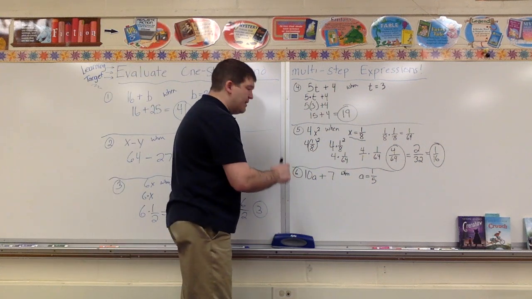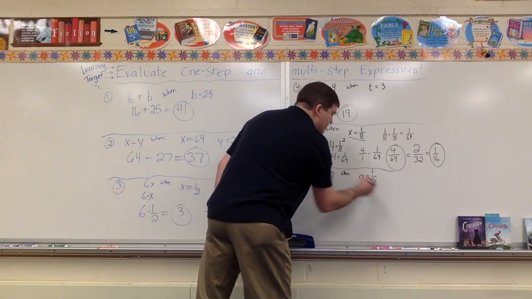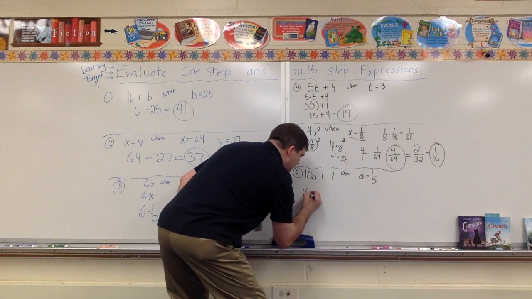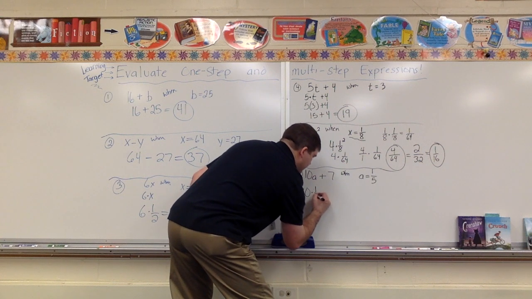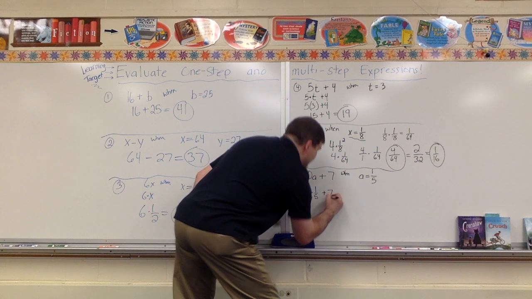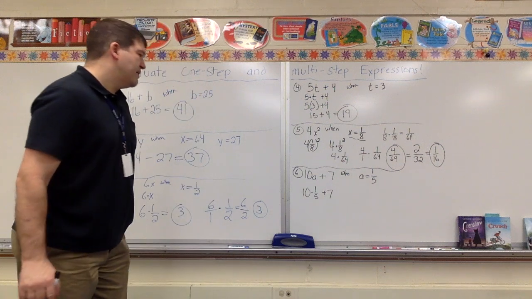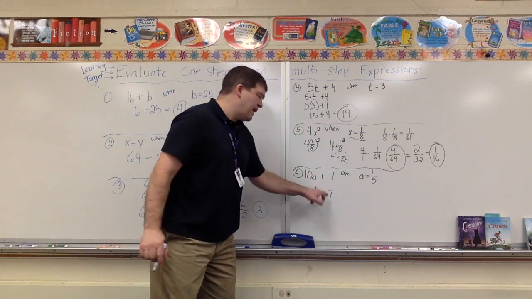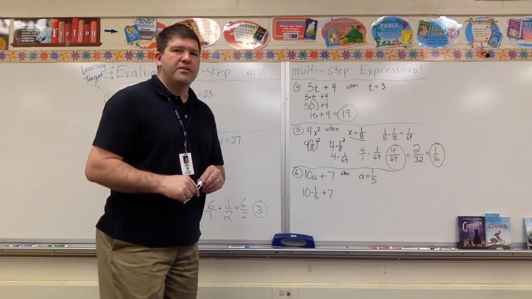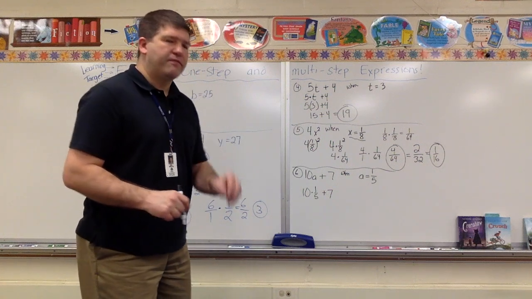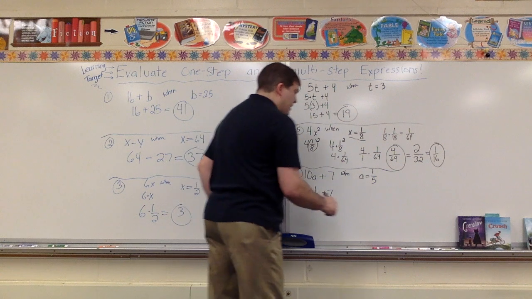Okay, so we have 10a plus 7. I know a is 1/5, so 10, when it's next to a variable, it's going to be times 1/5 plus 7. Okay, now I have a multiplication and addition. And I know that order of operations tells me I have to do my multiplication first. So I'm going to do 10 times 1/5.